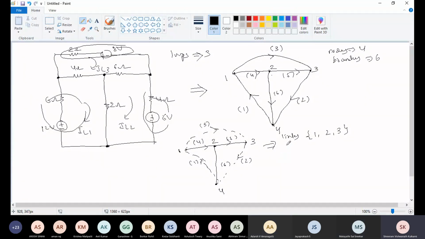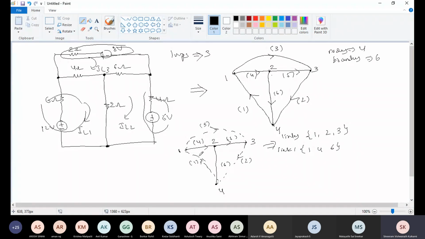Yes. For writing the Tieset matrix, how are you going to write? Anyone explain? First, I will explain for one. If I am going to replace link 1, it has to form a closed loop. So I am going to write link 1 as 1, 4, 6. This is my link 1 because I have to replace 1, 4, 6.